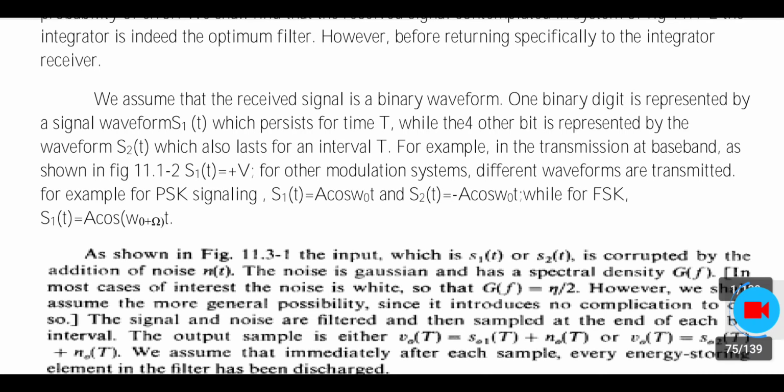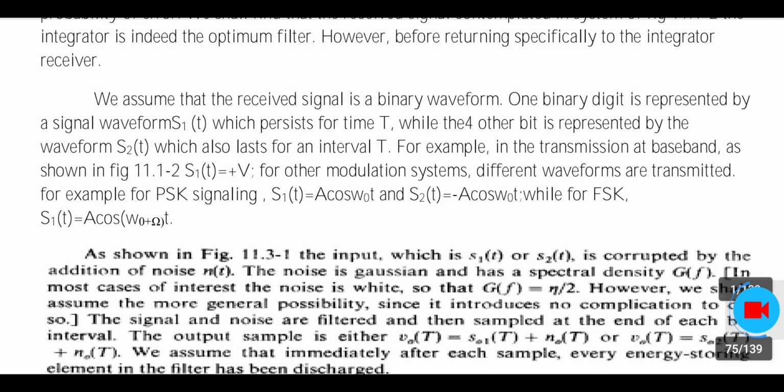For example, in baseband transmission, the average of the two signals. Both signals are modulated and different waveforms are transmitted, for example, a phase shift keying signal. That means we can define the signals S1 and S2.